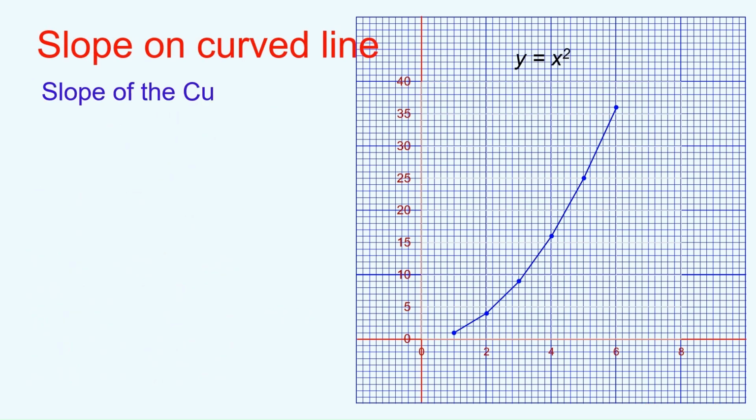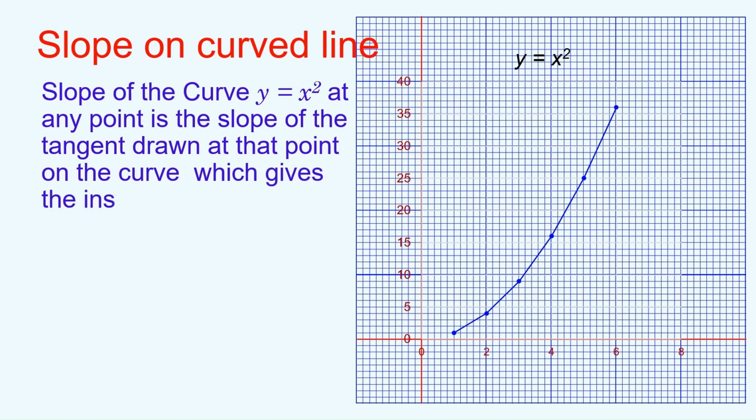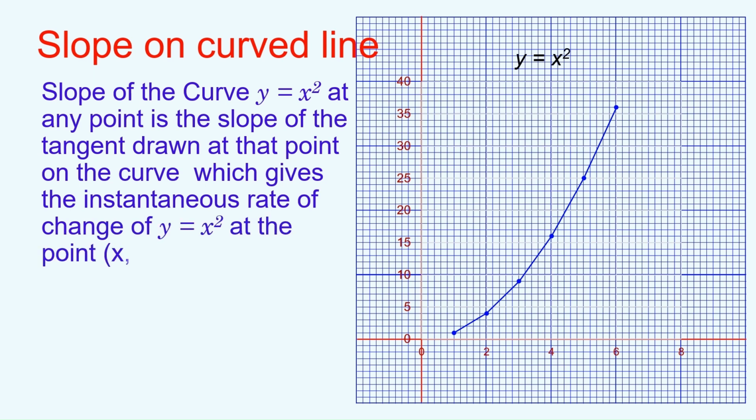The slope of the curve y equals x squared at any point is the slope of the tangent drawn at that point on the curve, which gives the instantaneous rate of change of y equals x squared at the point x, y.